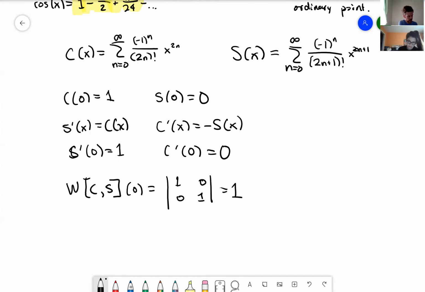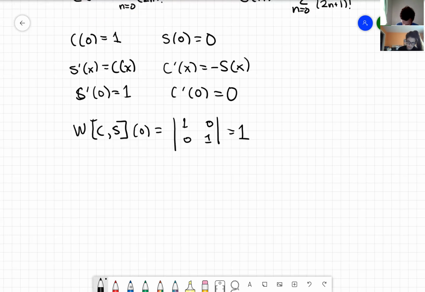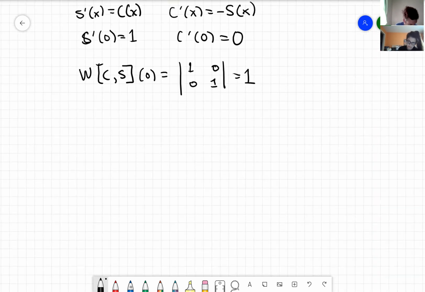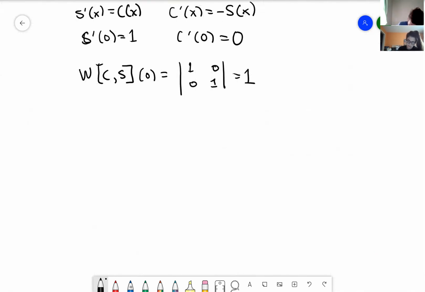Just an interesting fact that these functions that we originally thought of as being defined as right triangles inscribed inside of unit circles, distances associated with those, also could have been defined as the fundamental set of solutions to this particular differential equation. It's an alternate definition of sine and cosine that implies all the same things.